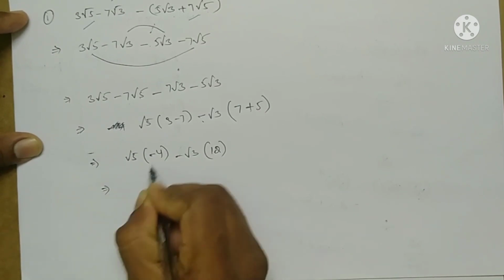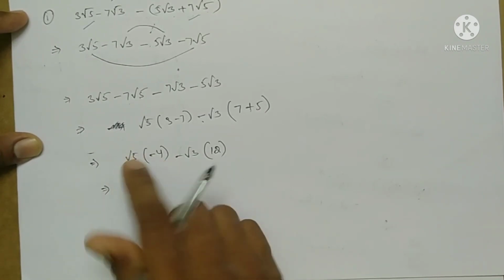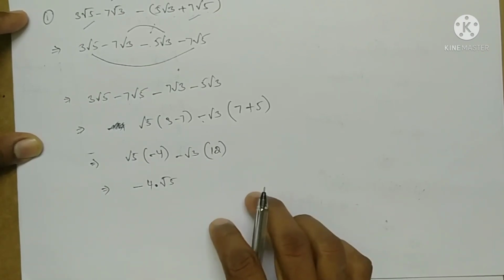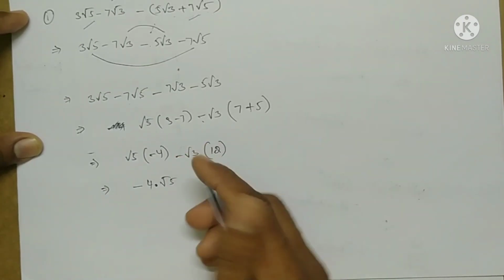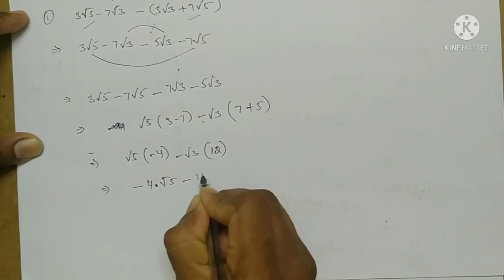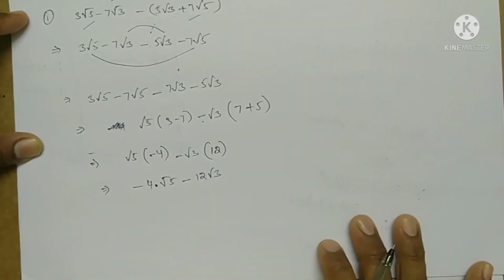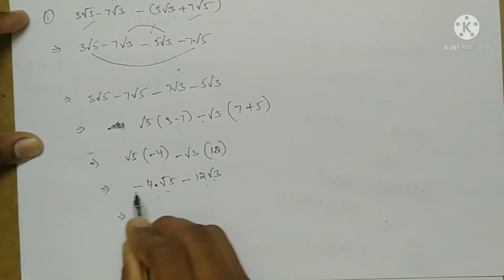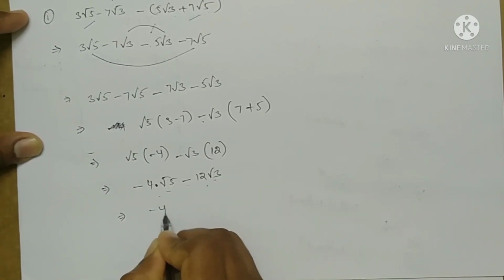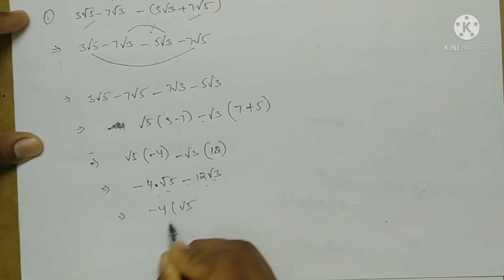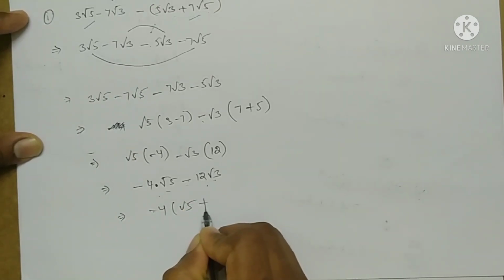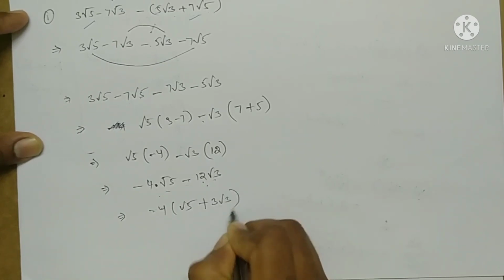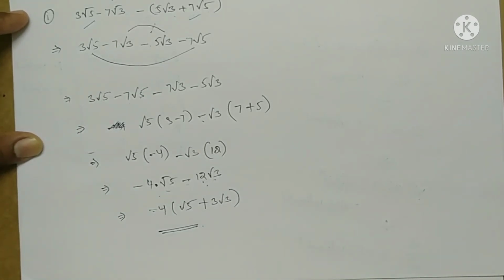So minus 4 into root 5, and here minus into plus, minus 12 into root 3. In these two terms, minus 4 is common. Root 5 minus, into minus is plus, 4 threes are 12, so 3 root 3. This is the final result.